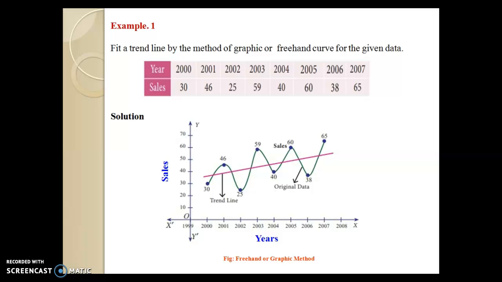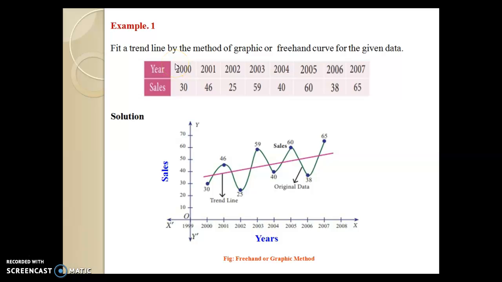For example, fit a trend line by the graphical or freehand curve method for the following data. This is the data of year and sales, for 7 years and the corresponding sales.